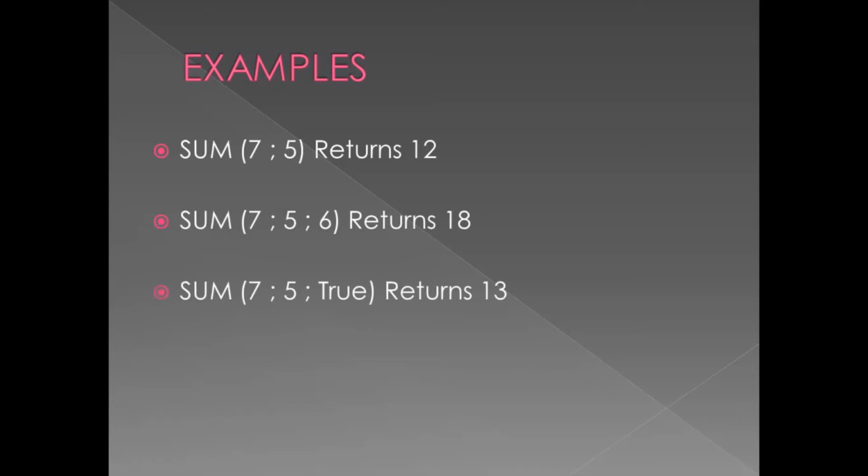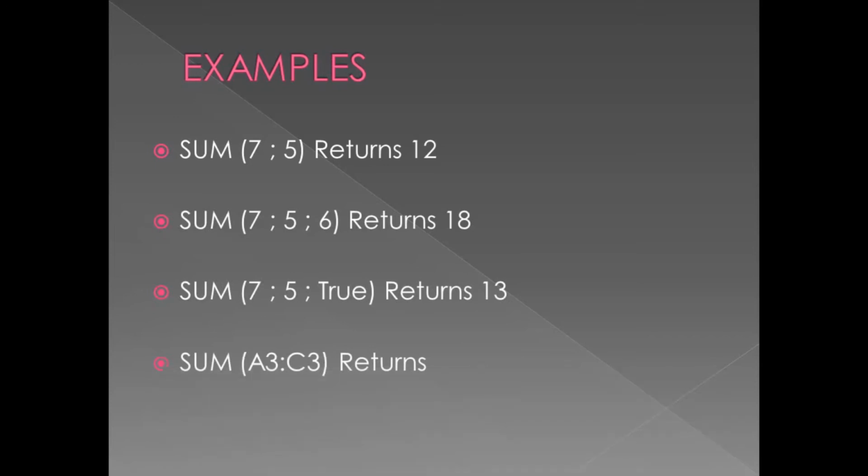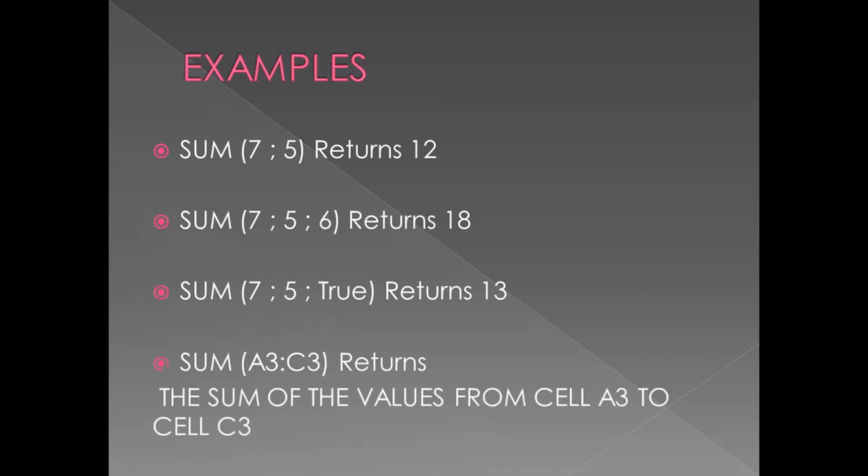Next, sum 7 semicolon 5 semicolon true will return 13 because true is taken as 1 and 7 plus 5 plus 1 is 13. Sum A3 colon C3 will return the sum of the values from the cell A3 to the cell C3.